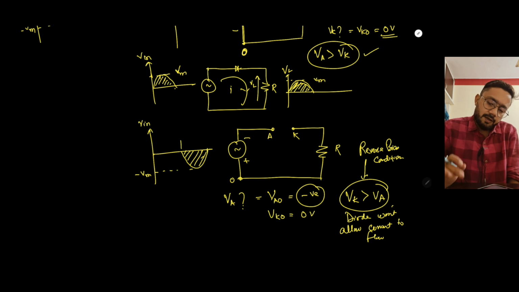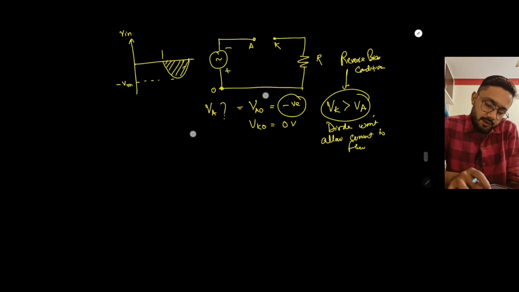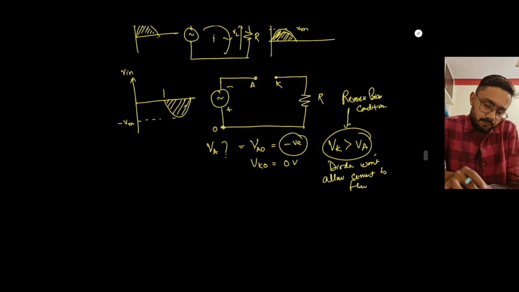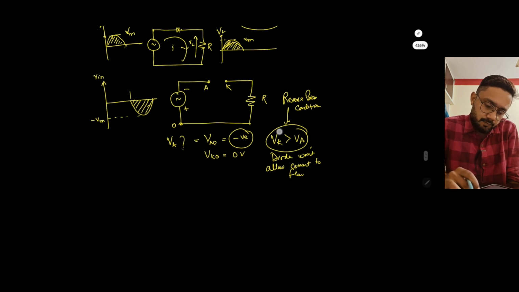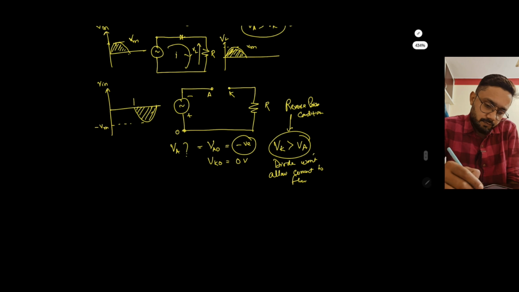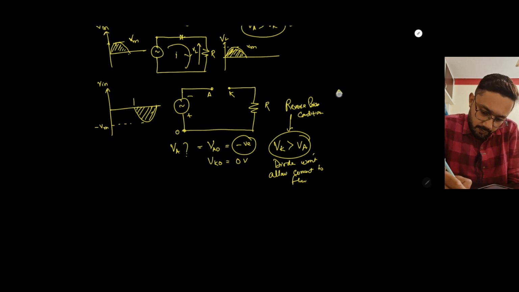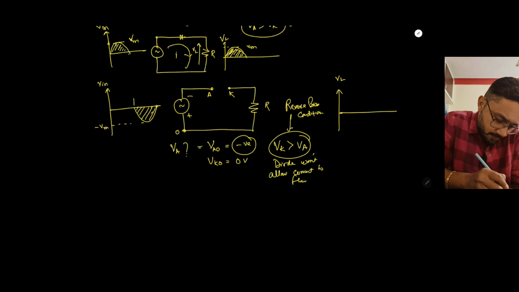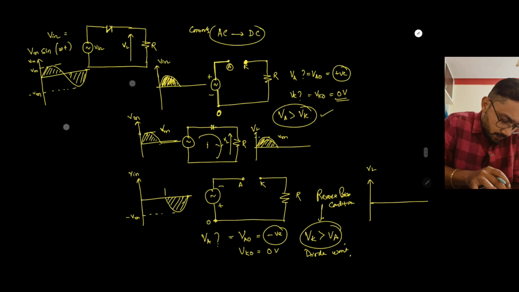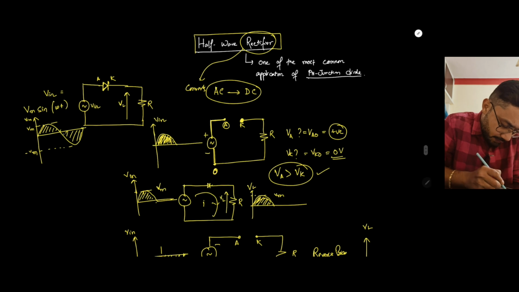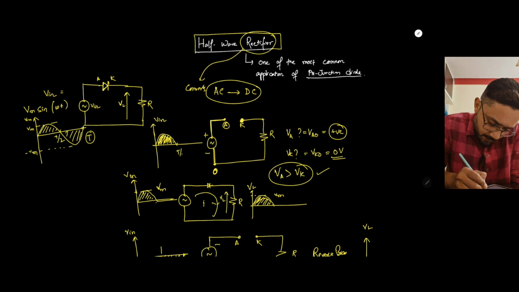So what will be the load voltage now? Suppose the time period of this input voltage is T. Here it will be T by 2, T by 2.